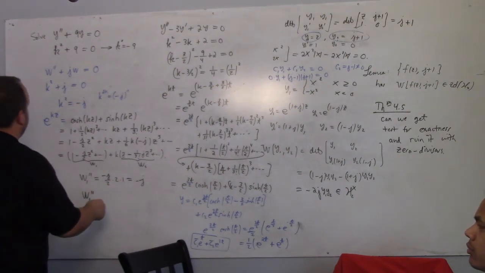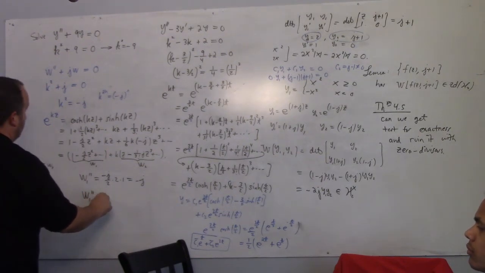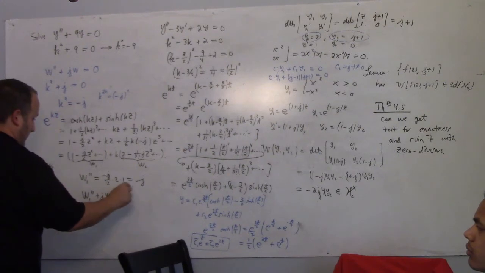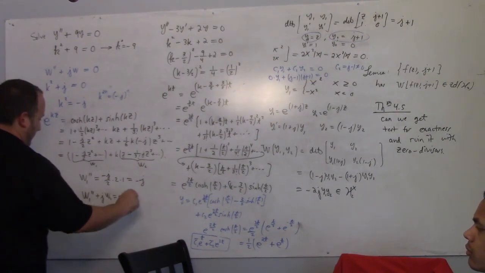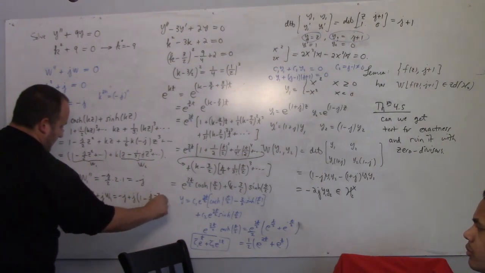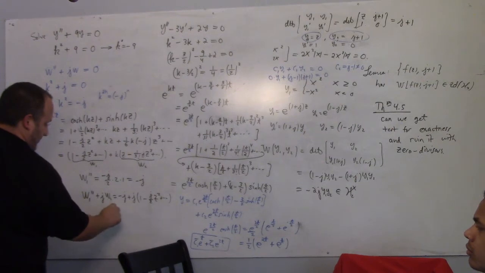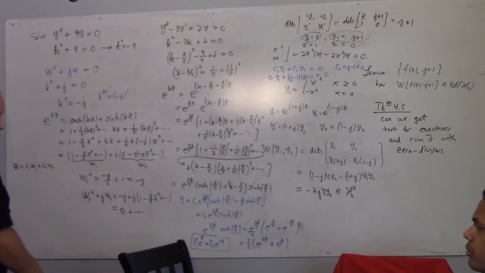But up to the order that I have listed here, W1 prime prime plus j W1, what do we got? You got yourself minus j plus j times W1. W1 was 1 minus j over 2 z squared, plus stuff. So you can see what's happening. To first order, we've got 0 plus stuff. So yeah, it's going to work.